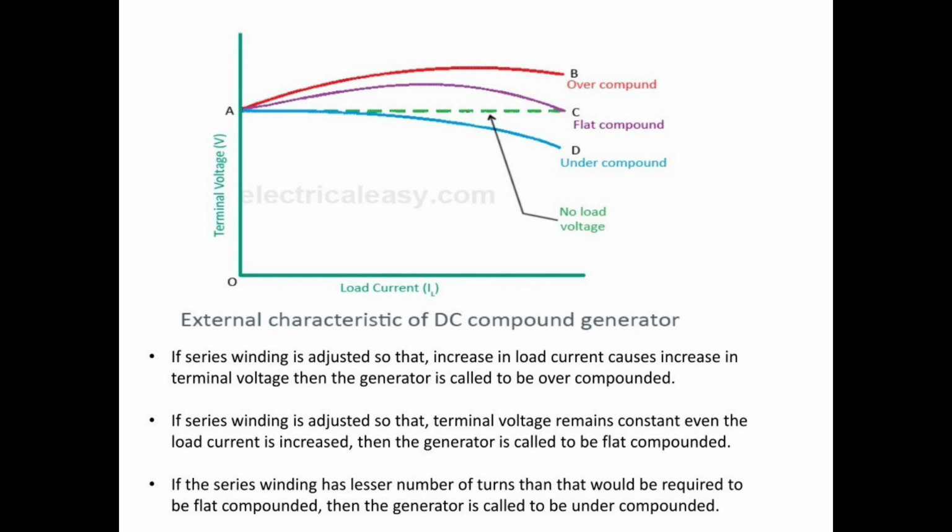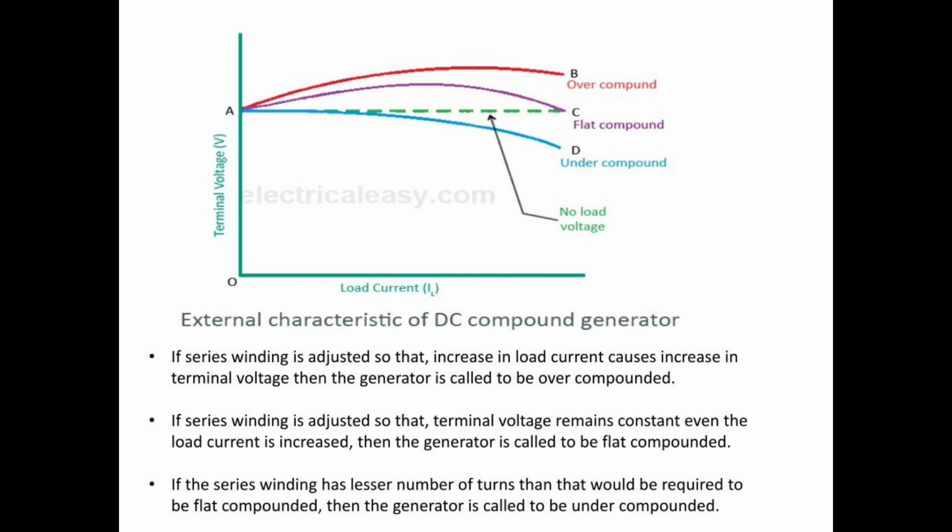See, in case of a compound generator, there will be two field windings. One is the series field winding, another one is the shunt field winding. Here we have three types of compound generators. One is under compound generator, then flat compound and over compound generators.